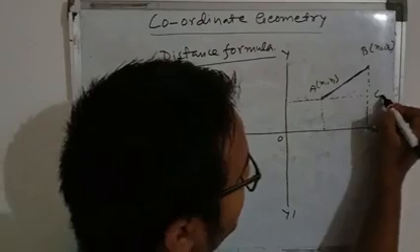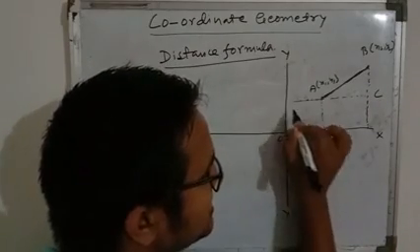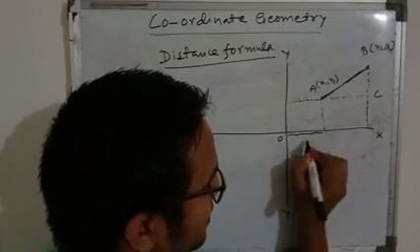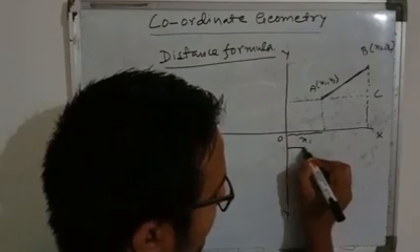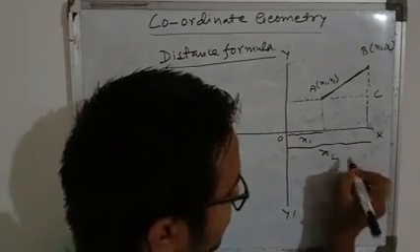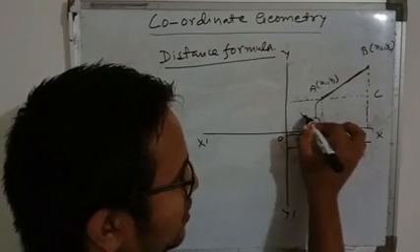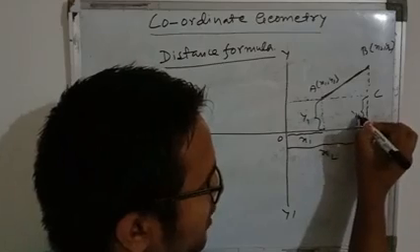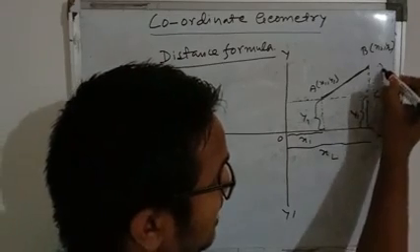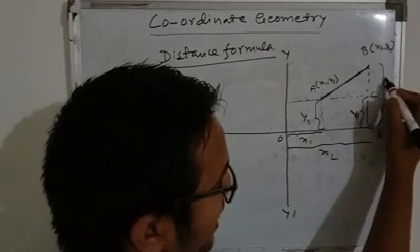We give this point as C. Now you see, this distance is x1 and this distance is x2. In the same way, this distance is y1, this is also y1, and this whole distance is y2.